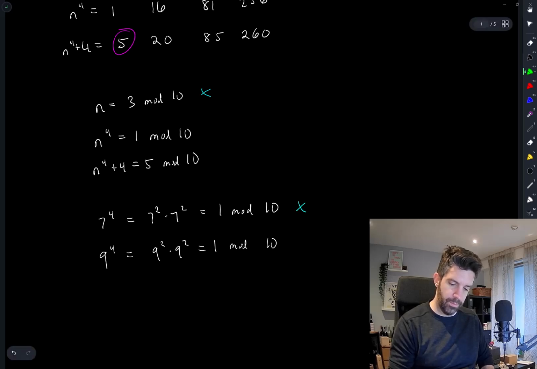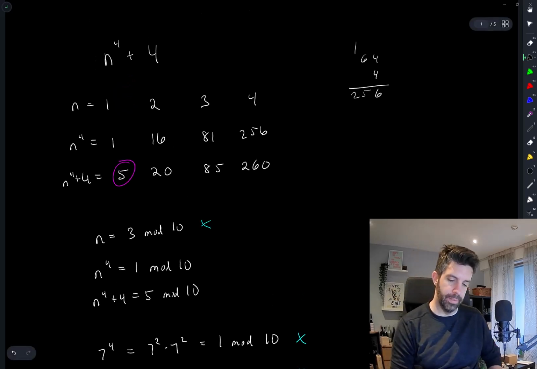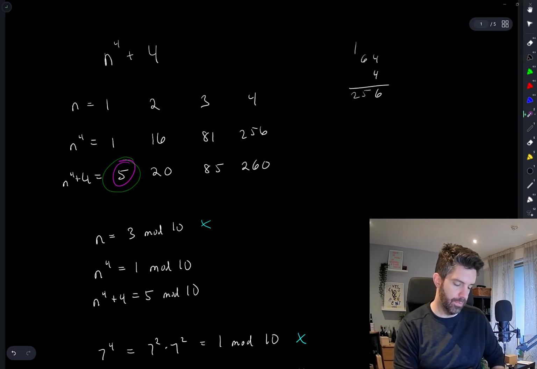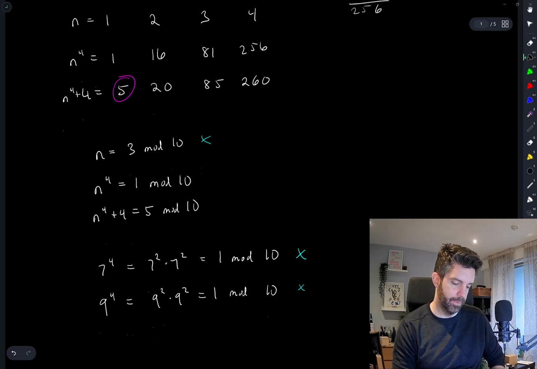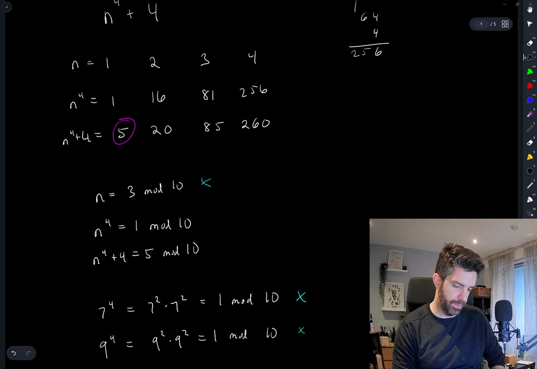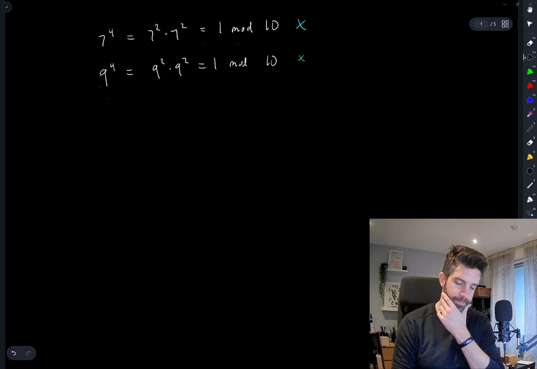So what about if it ends in a 1? If n is equal to 1 mod 10, then this number is 5 mod 10. Which one are you missing? If it ends in 3.